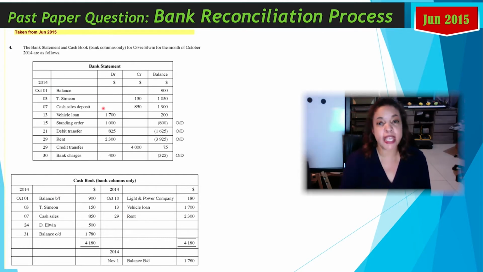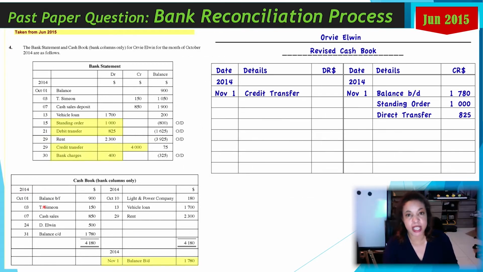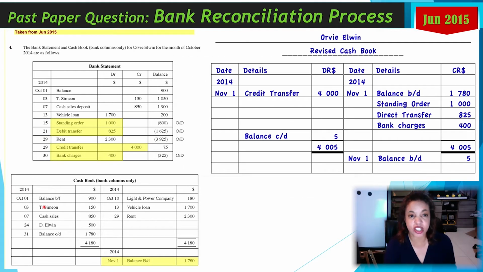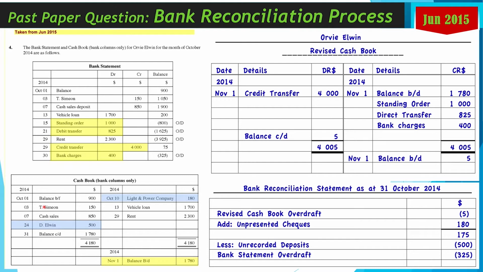And then what we have been doing is going into the bank statement and identifying the items that are in here but not in the cash book. After we have done the revised cash book to enter those missing transactions, we did a bank reconciliation statement where we identified our unrecorded deposits and our unpresented checks.